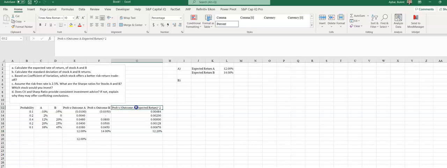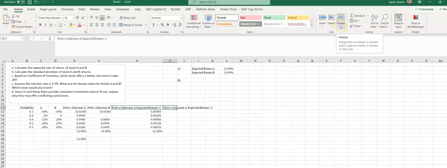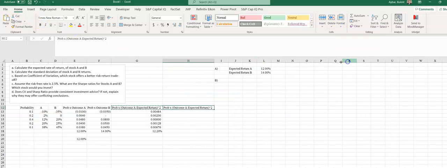So we will repeat the same thing, this time for asset B. Let's do that in here. Again, let's fit this into this column. I can actually make this a little bit easier.